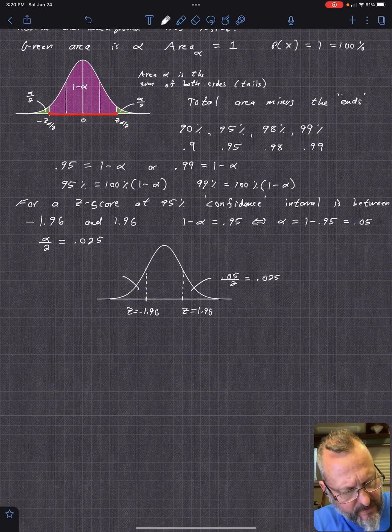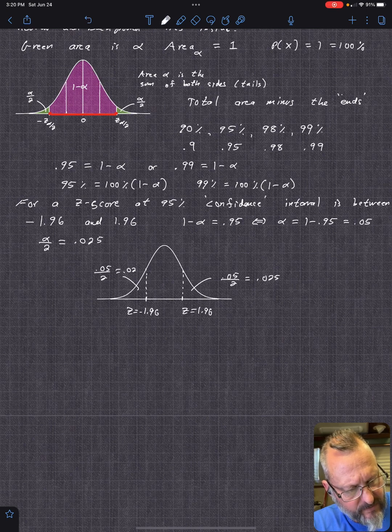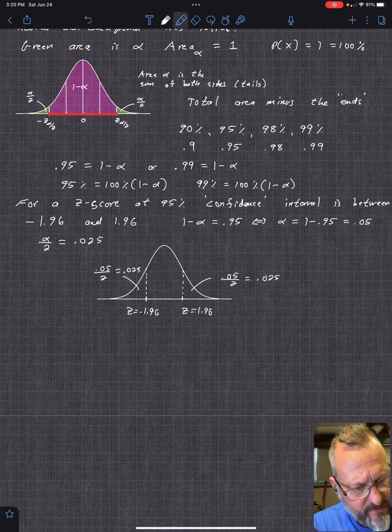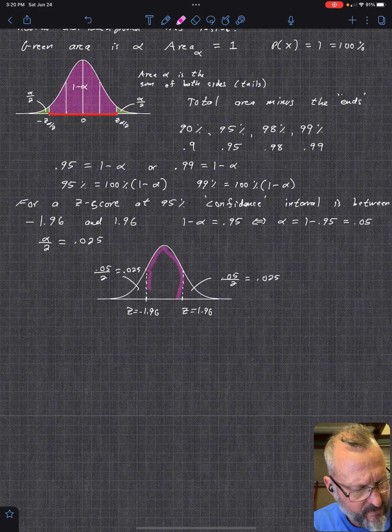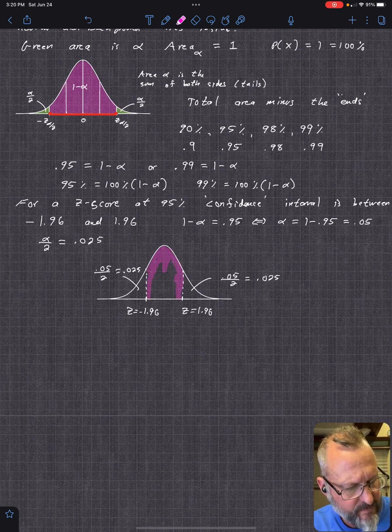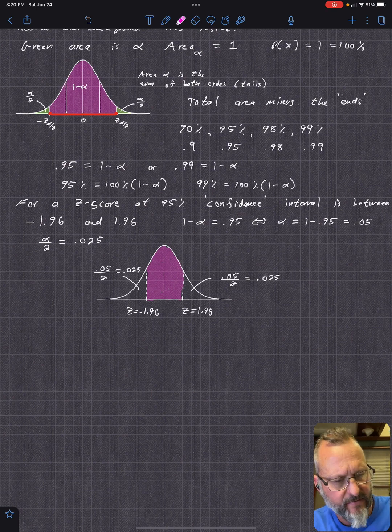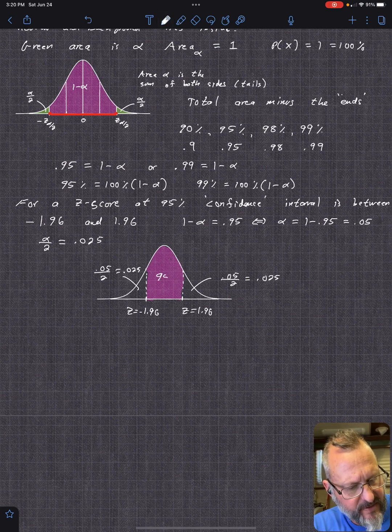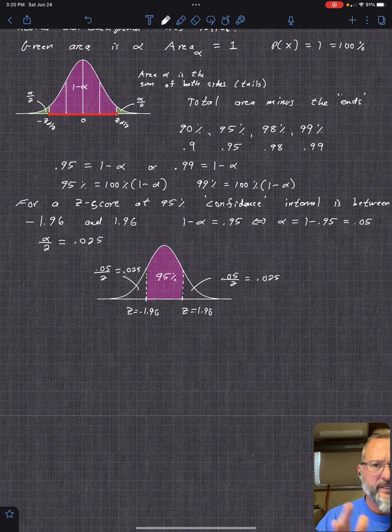Same thing here, 0.05 over 2, 0.025. That's your area. And so everything in the middle is 95%. So 95% of the data or cases will lie in there. There's your 95%.